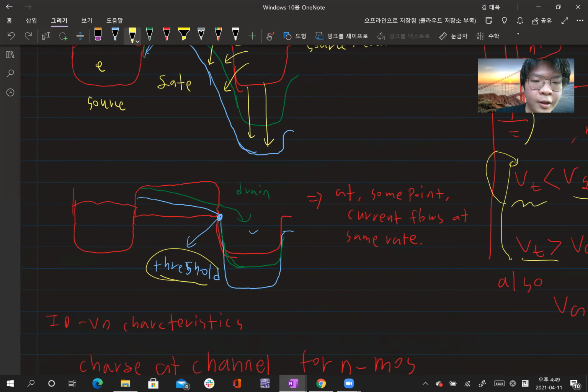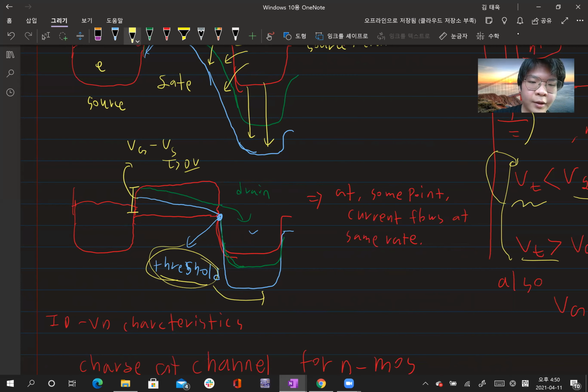Here, there is a threshold. This appears because on the source side, the height is the gate bias minus the source voltage, which is 0 volts for convenience.